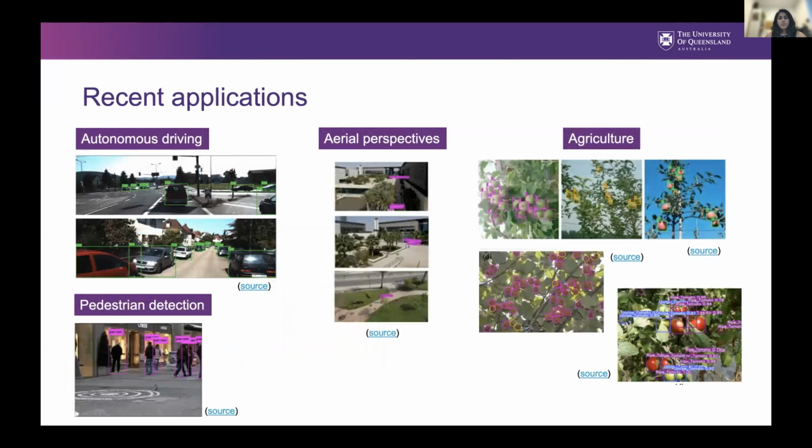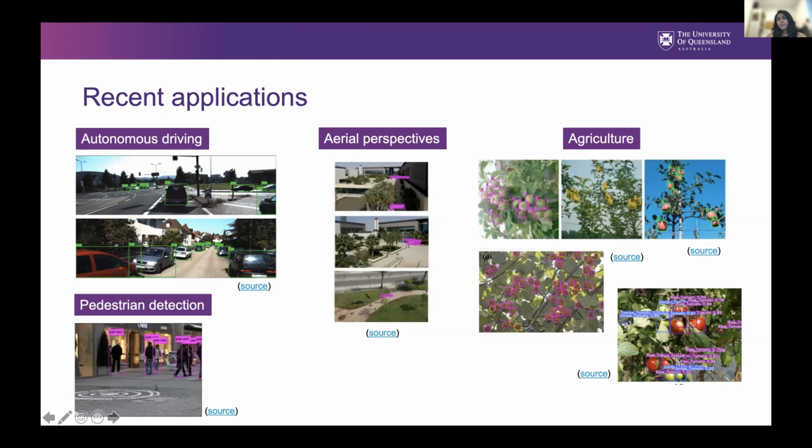Some of the recent or more popular applications of YOLO have been in autonomous driving, pedestrian detection, and things like pothole detection and traffic cone detection to help with autonomous driving. It has been used in aerial perspectives and drone driving as well to identify various geographical locations and landmarks from the perspective of UAV vehicles.